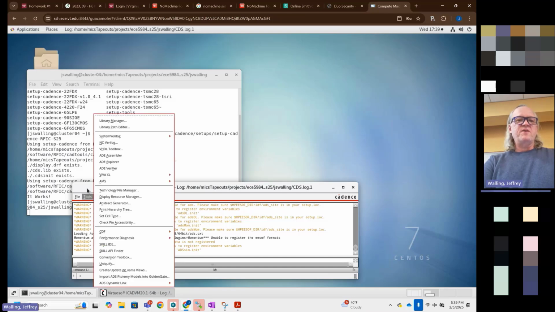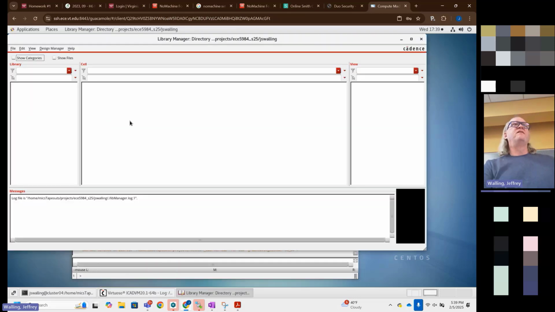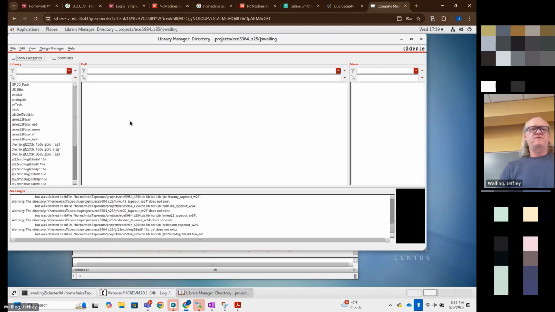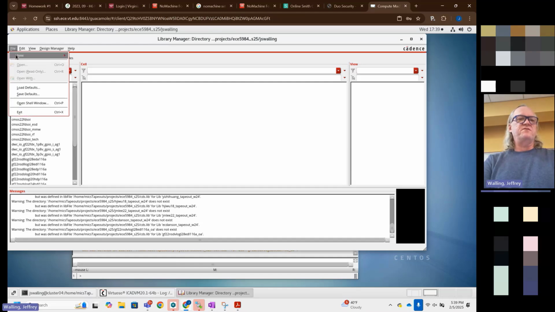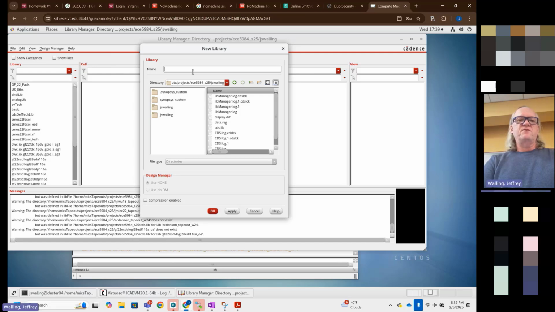We almost always start by opening up the library manager. The first thing we're going to do is create a new library, and we're going to give it some name.